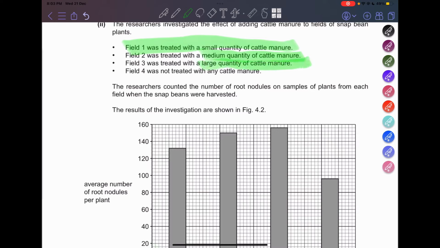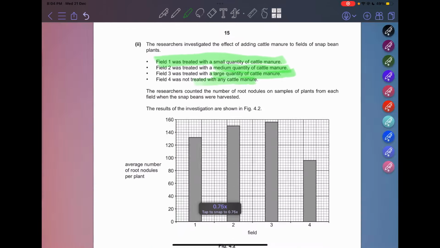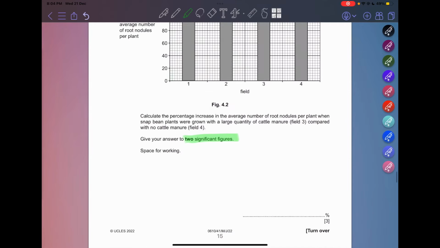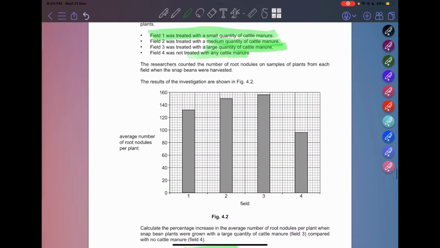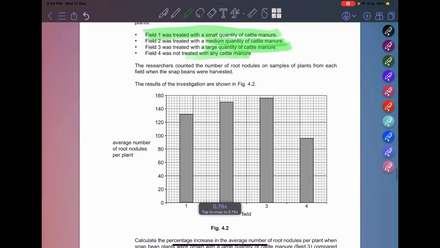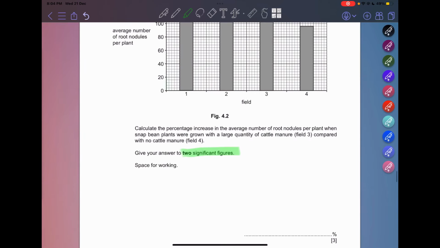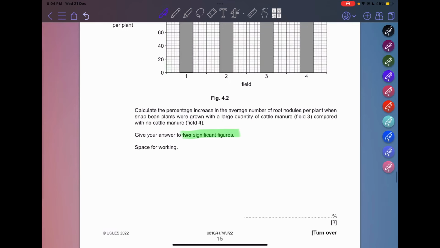Field 4 was actually the controlled variable, which is not treated with any cattle manure. They wanted to compare field 3 to field 4. Field 3 had a large quantity, field 4 has not had any cattle manure in it. So they want to compare the percentage increase from field 3 to field 4.